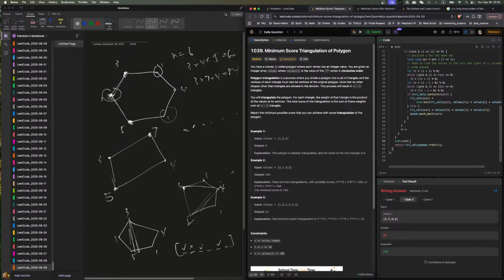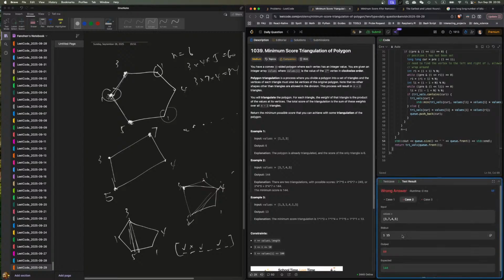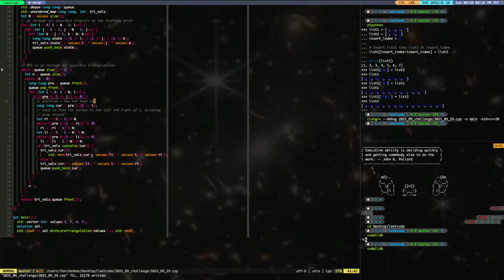So first of all, I want to see queued out size. Okay, and then queued out front. Just show me. Is it 1 and is it 1 and 15? All right, 1 and 15. I think this is wrong. Yep, this is wrong.